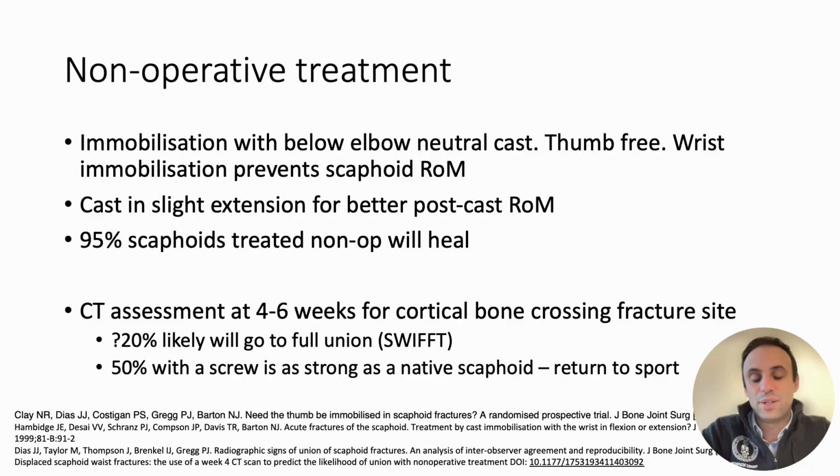If it is less than 20%, then this is not going to go to a union, and this is an indication for further surgery. And if you have 50% or more cortical bone crossing the fracture site, this is as strong as a native scaphoid, demonstrated in biomechanical studies, and they can return to full contact sport, which is important if they're a sports person or an elite sports person.